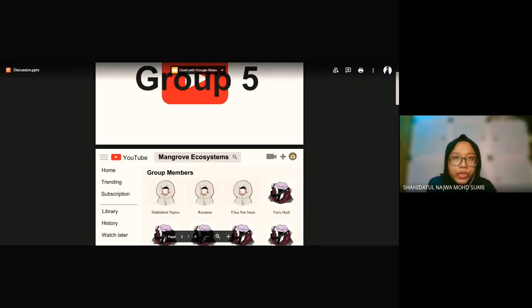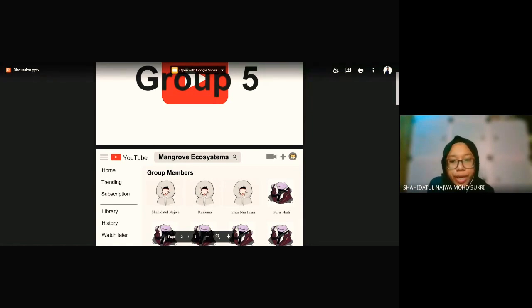For mangrove goods, maybe we can say mangrove is important for timber and charcoal production, and also for fisheries.